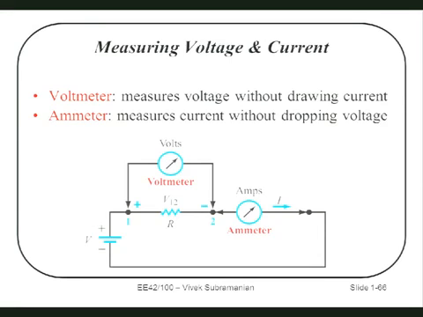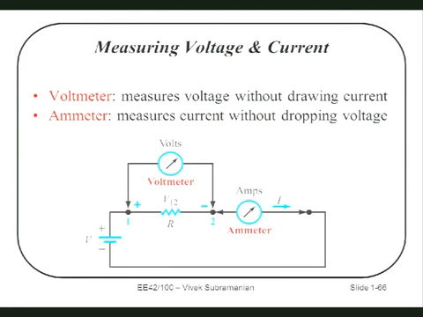We measure voltage by putting the measurement unit in parallel with what we are measuring. We measure current by putting the ammeter in series with what we are measuring. And you all know what those terms mean. We're using them the same way they are used in common English. So that is how we measure voltage and current.